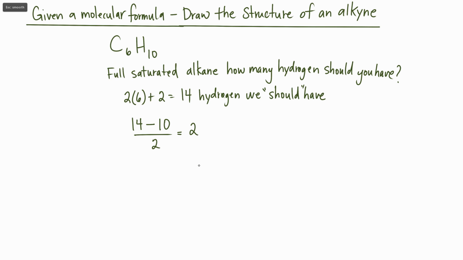So one thing you can do is just draw out 6 straight carbons. 1, 2, 3, 4, 5, 6. Okay? Now, if we know we're going to have 2 degrees of unsaturation, that is going to be an alkyne because that's 2 double bonds. So, let's say I put 2 double bonds here. Okay? And I'm going to backfill with hydrogens.